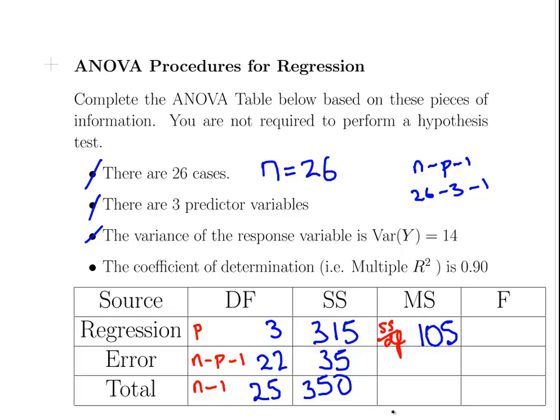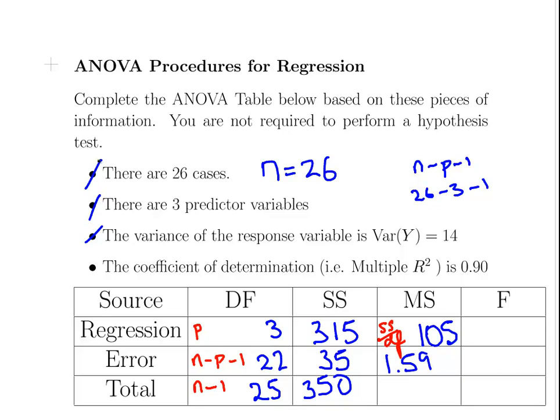A little bit of calculator work, and I just dropped my calculator. Sorry, I paused it there, so there might be a lag. 35 divided by 22 is 1.59. Well, 1.59 will do us here.